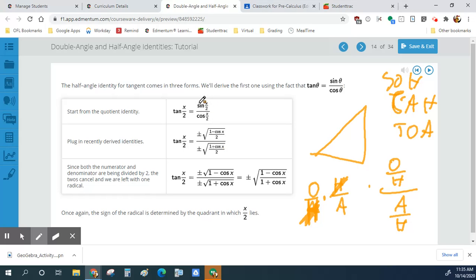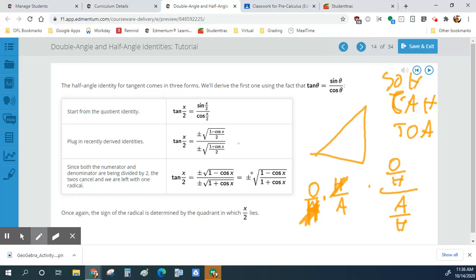But now what they're going to do is do it for a half angle. So we can replace this angle with this. Now our denominator is the same. So since both the numerator and the denominator are both doubled, then we can cancel them out.